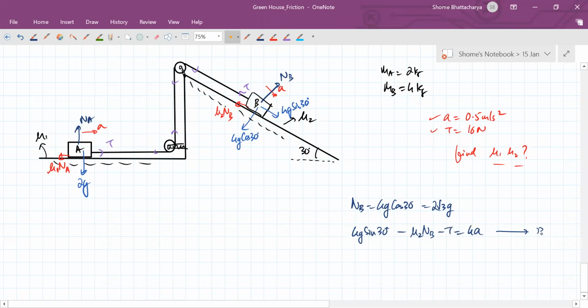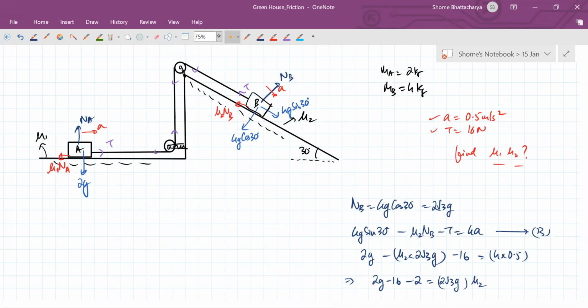That is the equation for the block B. So this will become 2g minus mu2 into 2 root 3g minus 16 newtons is equal to 4 into 0.5. So 2g minus 16 minus 2 is equal to 2 root 3g into mu2.